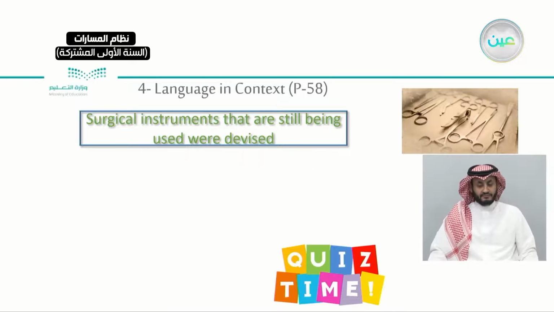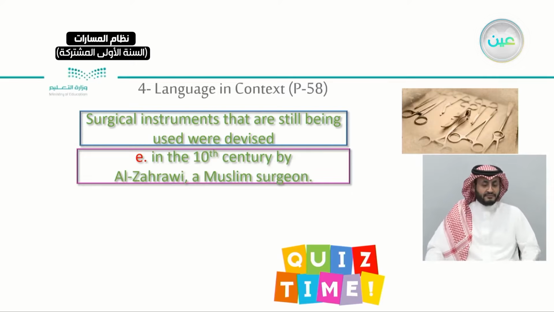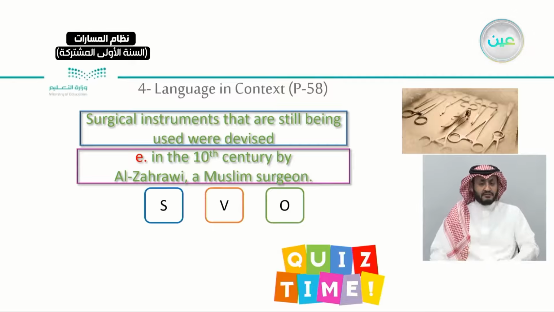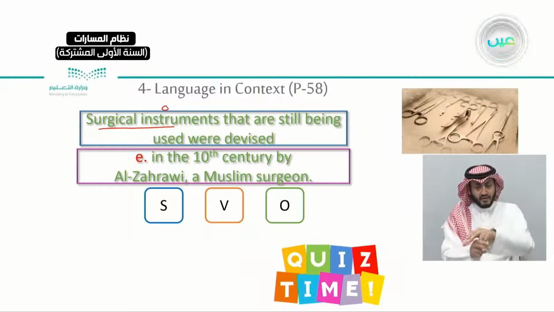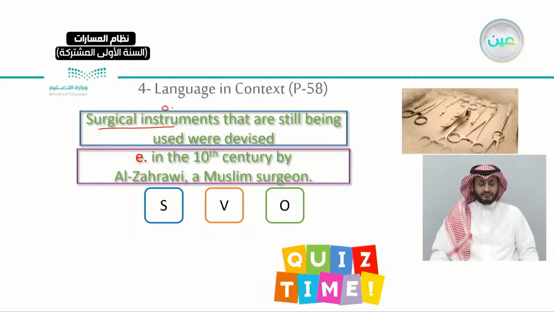One more. Surgical instruments that are still being used were devised or invented. They were come up with by whom? Who did them? In the 10th century, by al-Zahrawi, a Muslim surgeon. He is a physician, a surgeon. So we're speaking about the surgical instruments. This is the object. And who did the action?